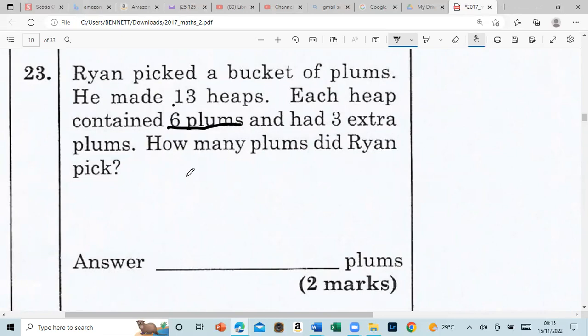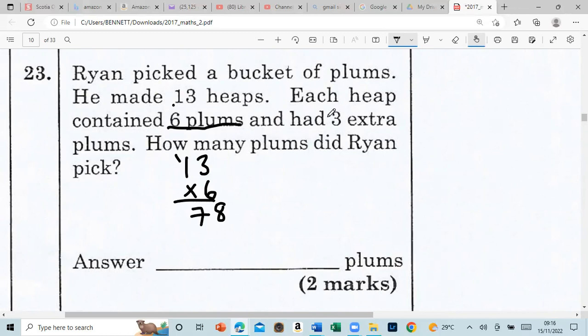So we can say 13 multiplied by 6. This would be the answer for the groups themselves. 6 times 3 is 18, so 8 carry 1. 6 times 1 is 6, and that's 78.